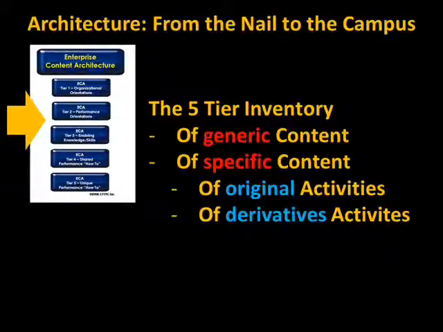Maybe it only needs a 5% tweak from that original specific content, 5% difference, and now we've got exactly what that next learner population needs. So our inventory of content needs to account for all of these types of content, the generic stuff made specific, and the different variations of specific content.